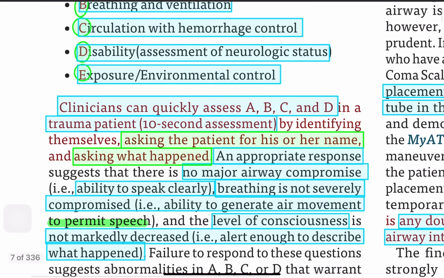The clinician can quickly assess ABCD in a trauma patient in a 10-second assessment. This can be asked: for ABCD, how much time is needed? 10 seconds.